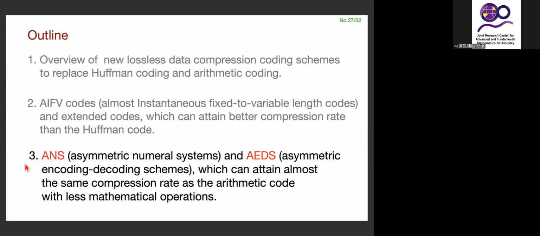Now, next we treat the ANS, asymmetric numeral systems, and AEDS, asymmetric encoding decoding scheme. These coding schemes can attain almost the same compression rate as arithmetic codes with fewer mathematical operations.